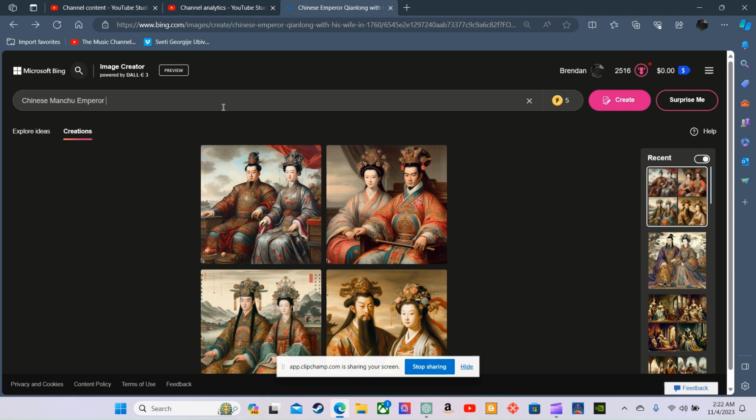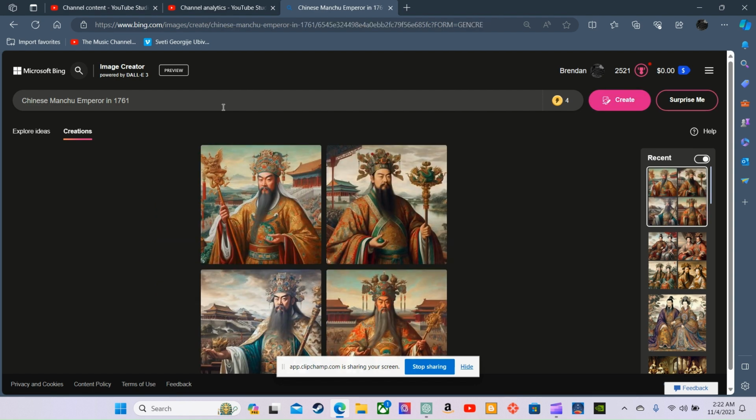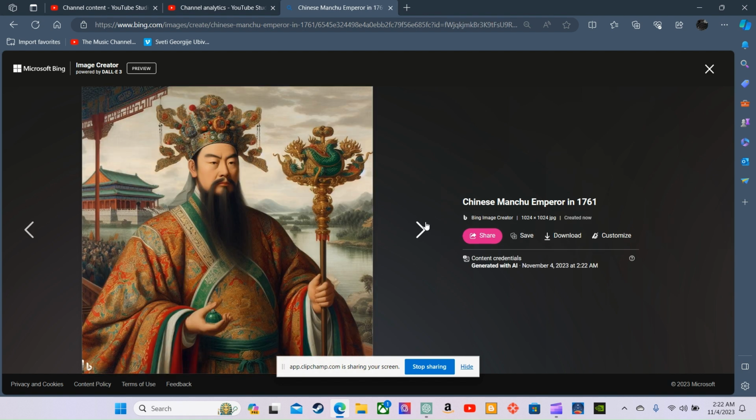So if we type in Chinese Manchu Emperor in 1761, and I'm choosing that year for a reason, in order to kind of maybe narrow it down, maybe 1760 doesn't work. But if we do Chinese Manchu Emperor, still we get the stereotypical view of the Chinese Emperor.